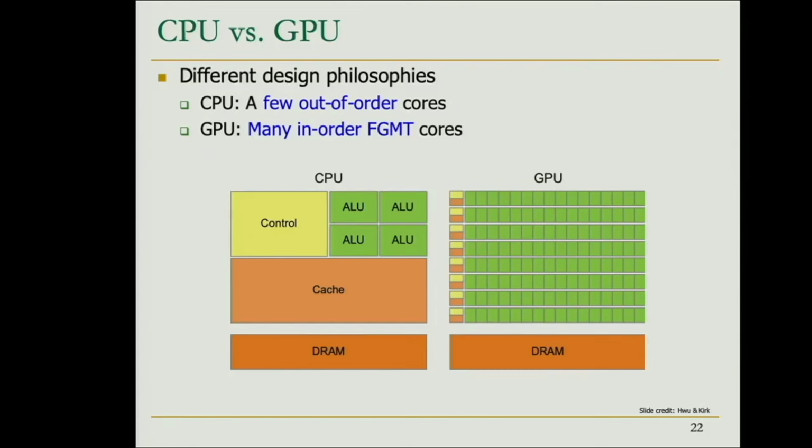A lot of this die is used for control, for example, doing speculation, branch prediction, and these sort of things. And then we also have very big caches, right? We have deep cache hierarchies in CPUs. On the GPU, most of the area is devoted to computing cores, typically in order fine-grained multi-threaded cores.